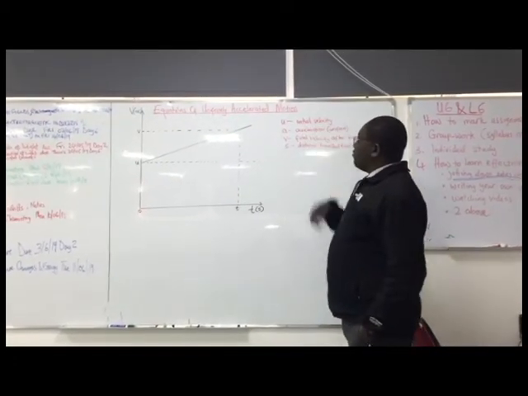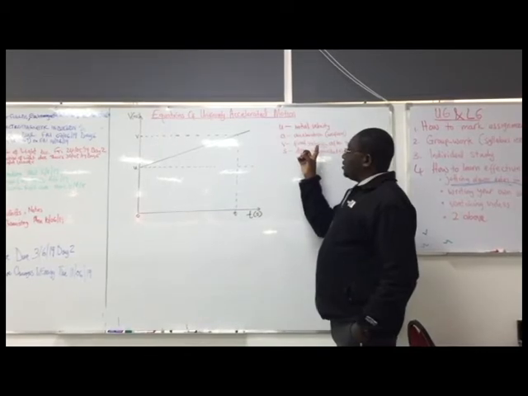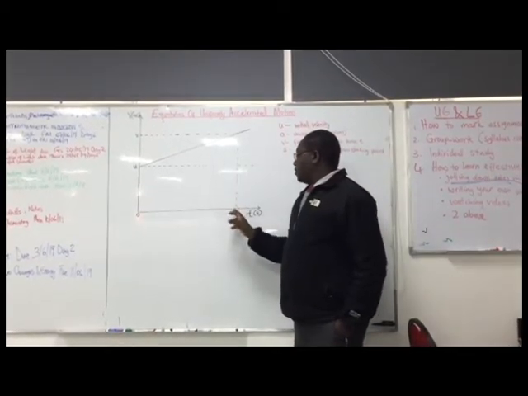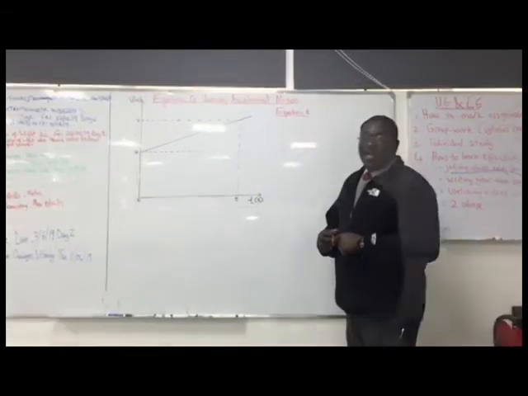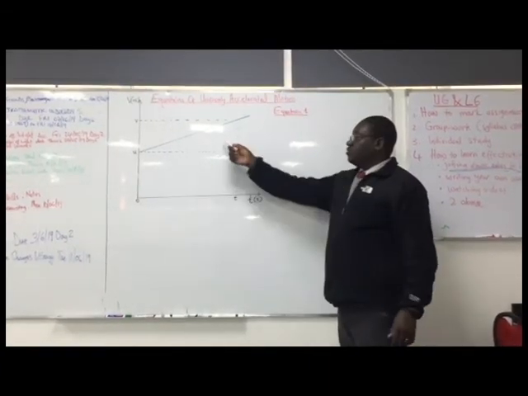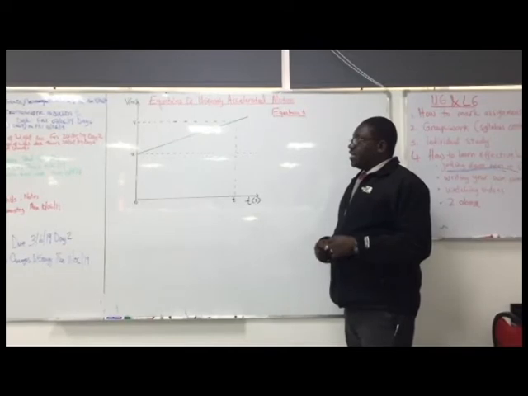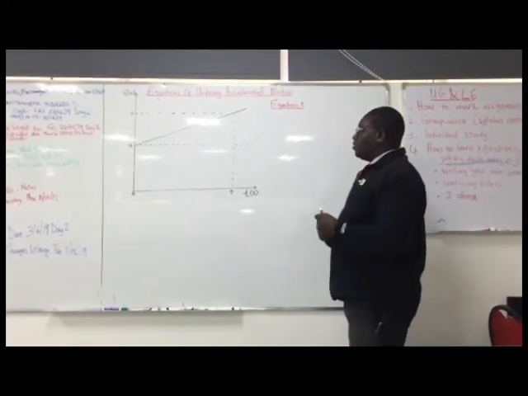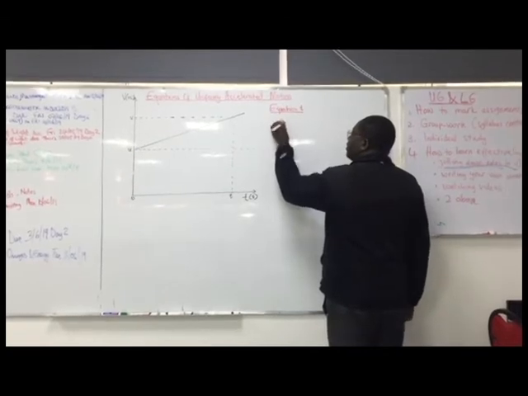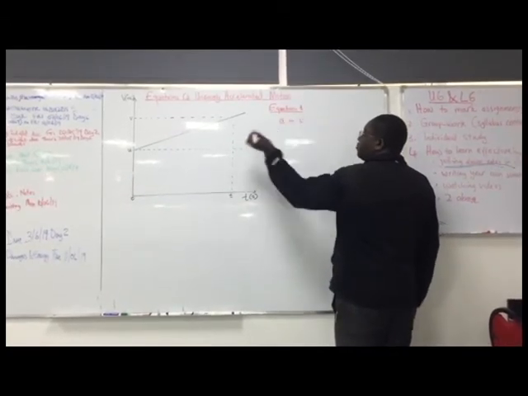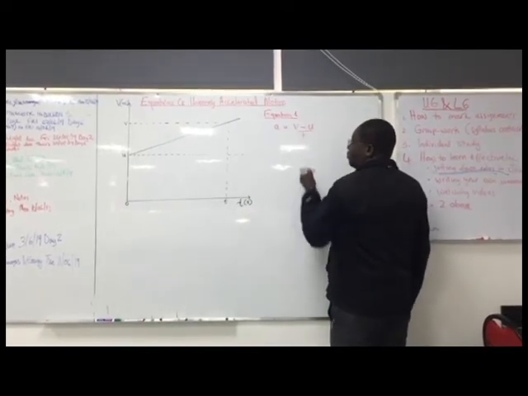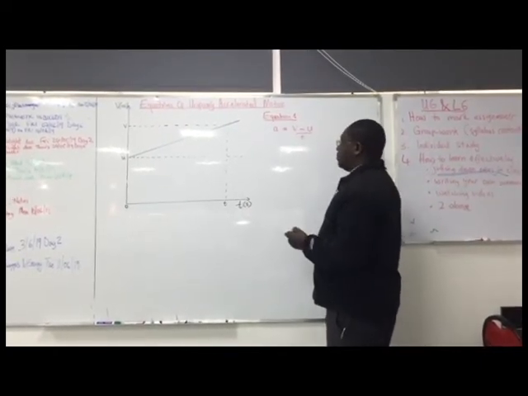Now u is the initial velocity, a is the acceleration, v is the final velocity after a time period of t. Equation 1 is derived from the gradient of the graph. We said that the gradient of a vt graph gives us the acceleration. So we're going to write acceleration is equal to the final speed v minus the initial speed u over the total time taken, which is t.